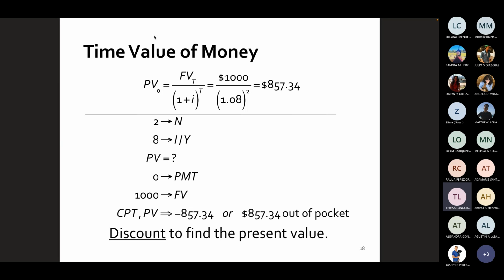This term is called a discount factor. So we had the accumulation factor before. Now this is called the discount factor.